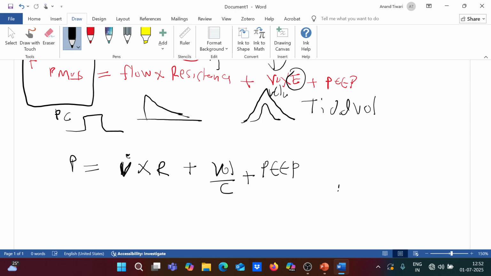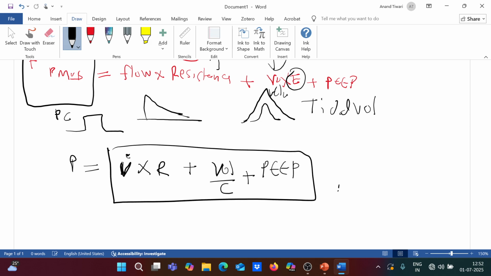So in volume control mode of ventilation, the right side is under control. What is under control is the flow. So you have a square flow wave pattern. This is a square flow wave pattern. So the flow is constant in volume control.